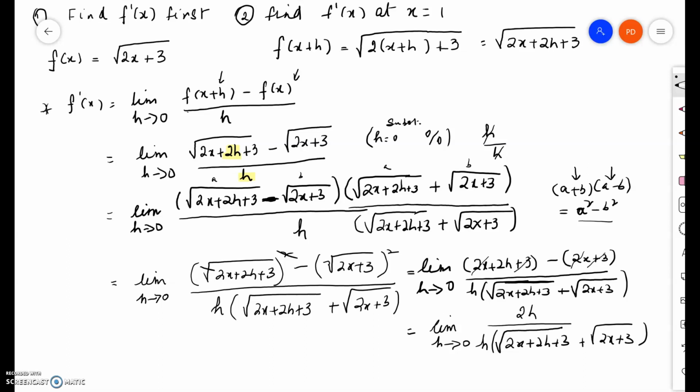Now we're ready to cancel the h with the h, and now we do not have a 0 in the denominator. Remember, h was the one that was causing the 0 in the denominator.